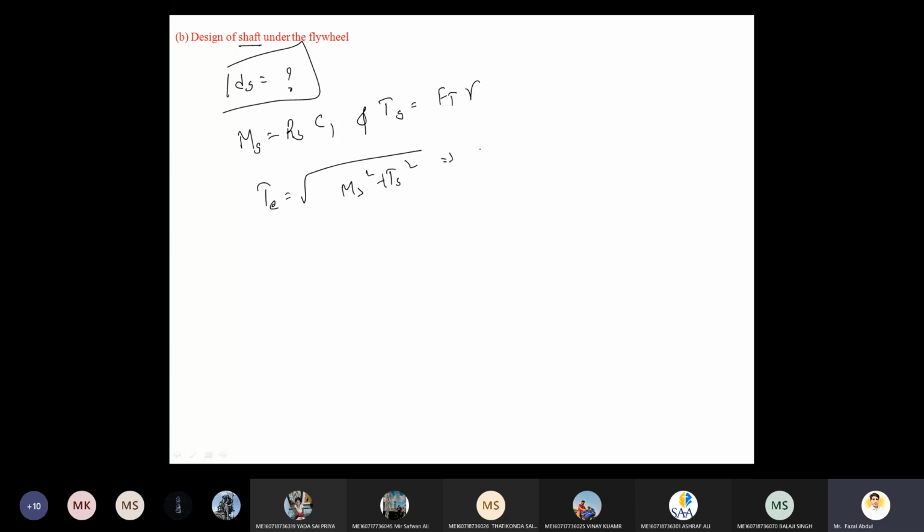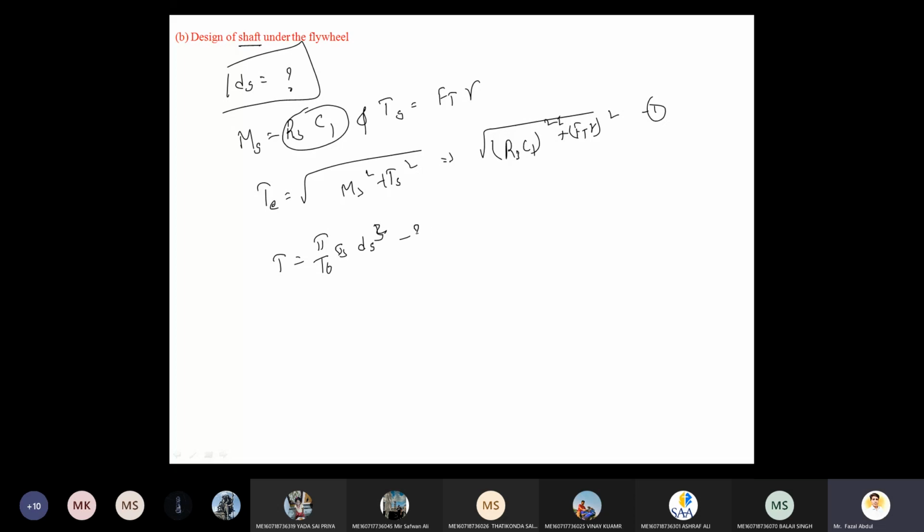So I'm writing here R3 into C1, whole square plus FT into R whole square. I am writing this based on the diagram, not my own. This is the first equation. And the torque transmitted by the shaft, T equals, we also know this one, pi by 16 into sigma s into ds power 3.